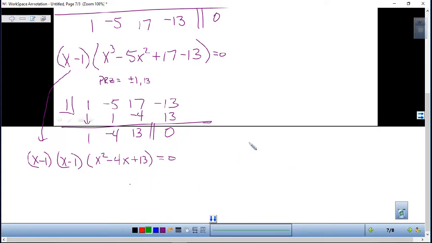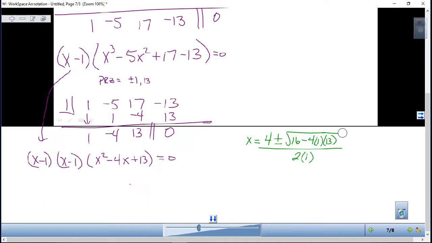I'll change colors. We've got x is equal to negative of negative 4, which gives me 4, plus or minus the square root of b squared, negative 4 squared is 16, minus 4 times a, which is 1, times c, which is 13. And that's going to be all over 2 times 1.